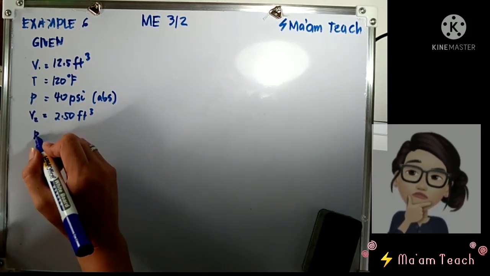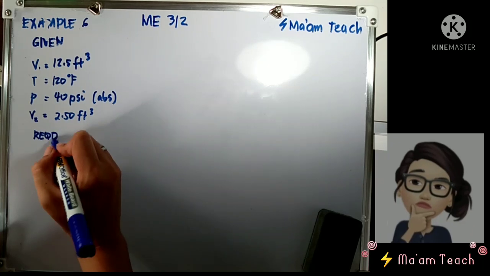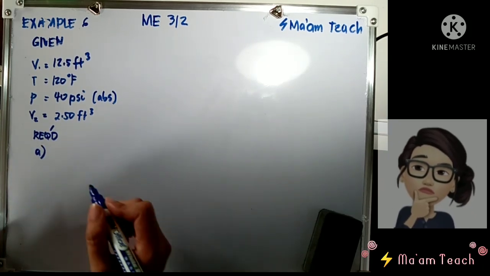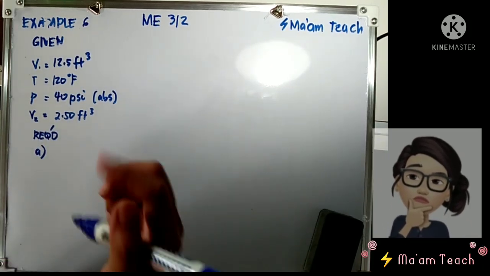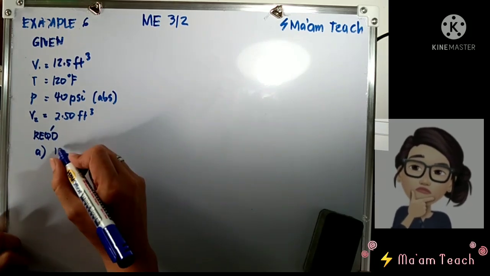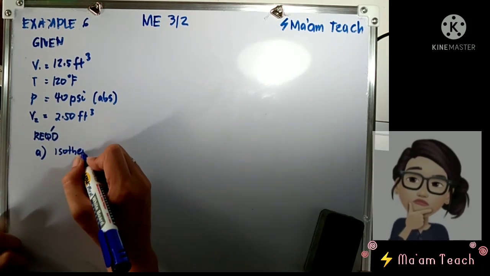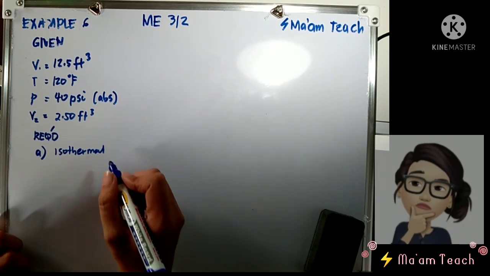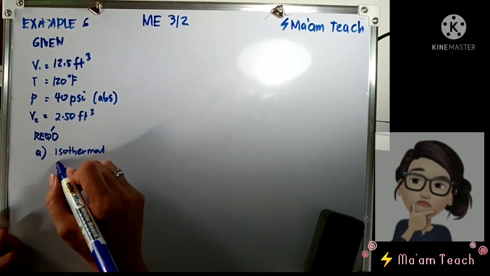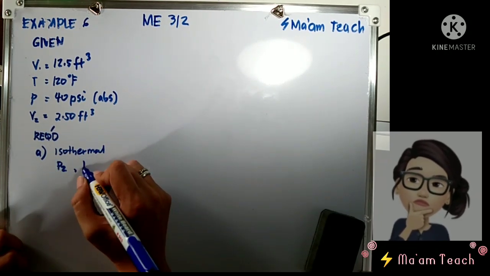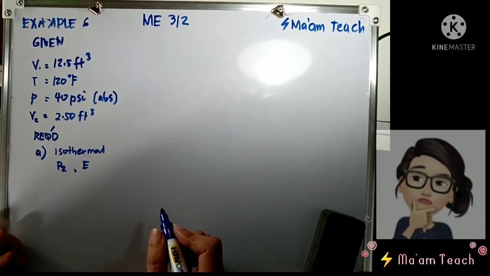Now, for this problem, we have two requirements. For letter A, the first condition should be isothermal, and we have to solve for the final pressure and the bulk modulus of elasticity.